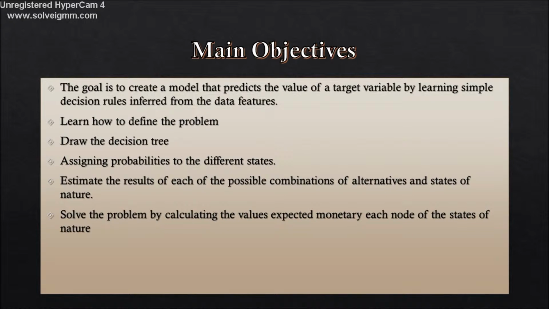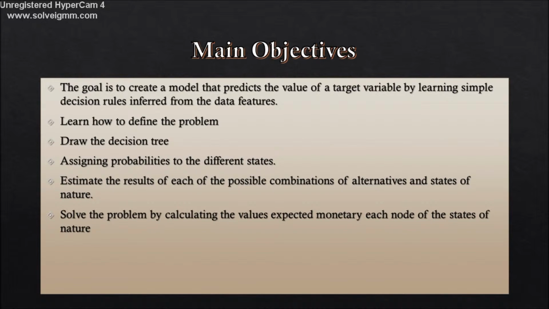Main objectives. These are the objectives that we're going to reach at the end of this video. First of all, the goal is to create a model that predicts the value of the target variable by learning simple decision rules inferred from the data features. Learn how to define a problem.